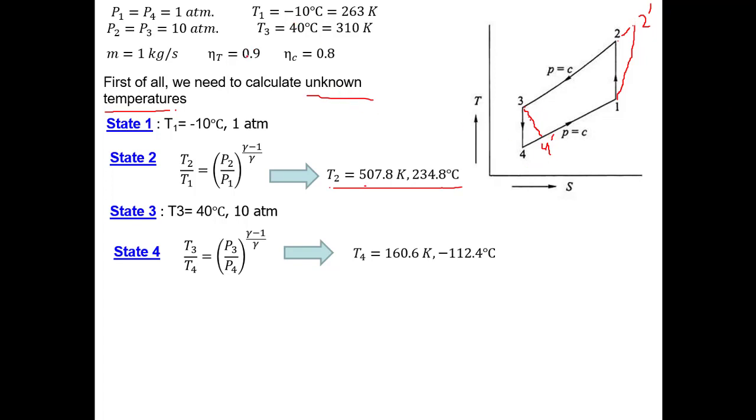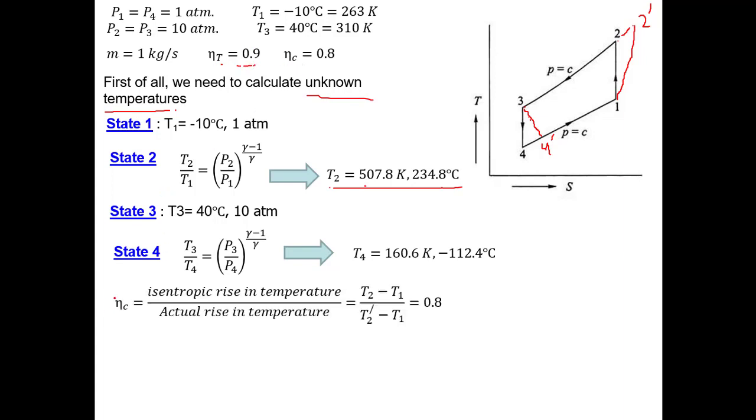Now we need to calculate T2 dash and T4 dash. We can use these efficiencies that are given for the turbine as well as for the compressor. The isentropic efficiency of the compressor is equal to the isentropic rise in temperature divided by the actual rise in temperature. So we can put that value. From here we know that efficiency is 0.8, and we know the remaining temperatures, T2 and T1. The only unknown is T2 dash, so from here we can calculate T2 dash.